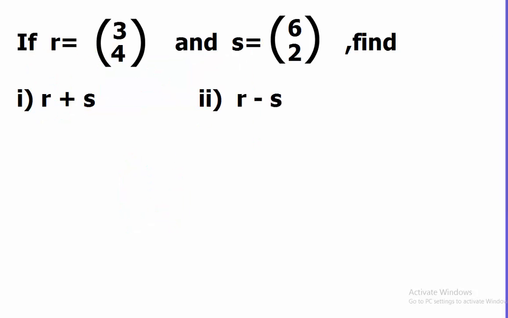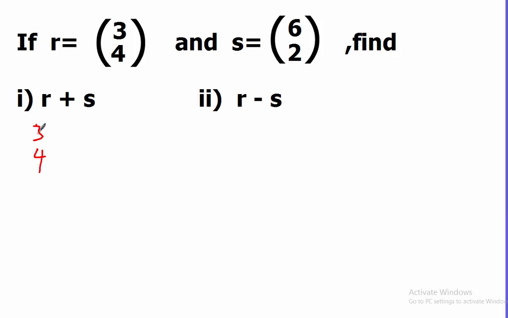Good. So if r equals 3, 4 and s equals 6, 2, to find r plus s, of course you are going to add the similar coordinates. So r plus s, the values of r are 3, then 4.